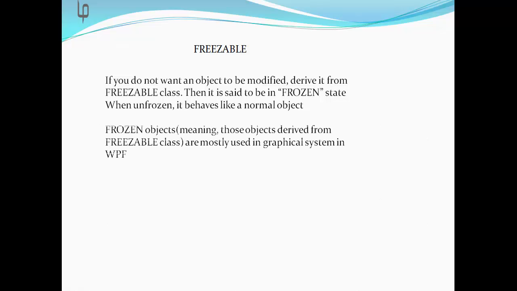Frozen objects, meaning those objects derived from the freezable class, are mostly used in the graphical system in WPF. I'll tell you why. As an example, say you have a window and you have a button within it, and you have painted the button with your favorite color. After painting a button in a window, if you make the brush object, brush is something that is used to paint the button, freezable, then when the window containing the button is resized, your button need not be rendered each time, right?